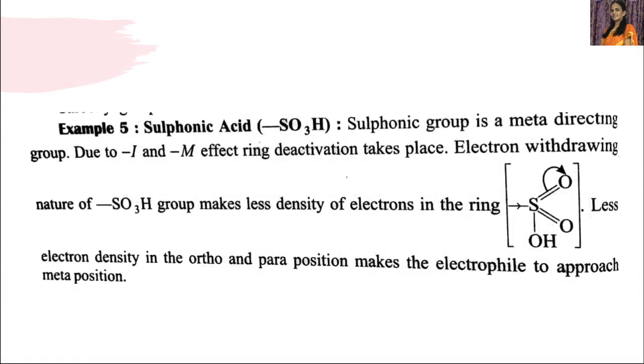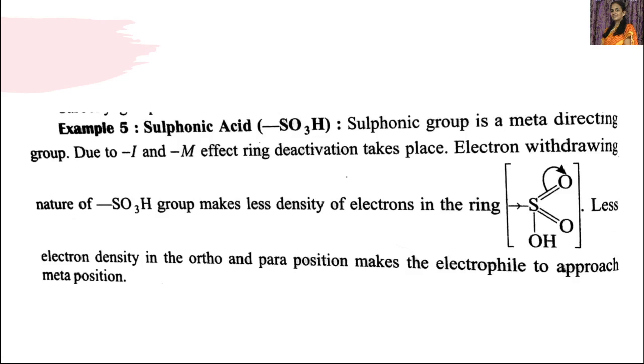And the next group is the sulfonic acid group, SO3H. Sulfonic acid is a meta-directing group due to minus I and minus M effect. That is, ring deactivation takes place due to the electron withdrawing capacity of this SO3H group, that is the sulfonic acid group. So the electron withdrawing nature of the SO3H group makes less density of electrons in the ring.